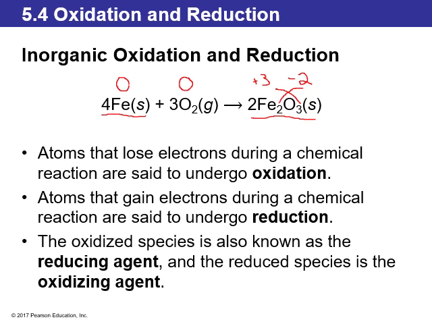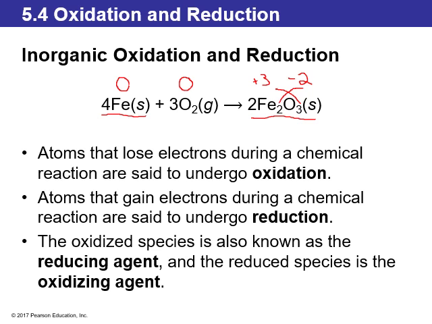Oxygen's in group 6 of the periodic table, and all the elements in group 6 have a charge of -2, which we learned in a previous chapter. You've got 3 oxygens, so a total charge of -6. Therefore, the 2 irons must give +6, so the charge of each iron must be +3.